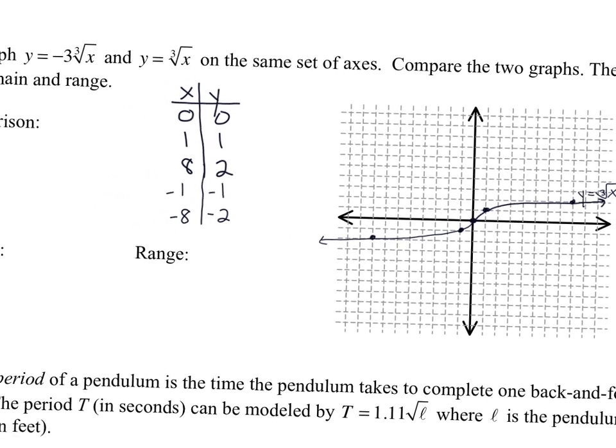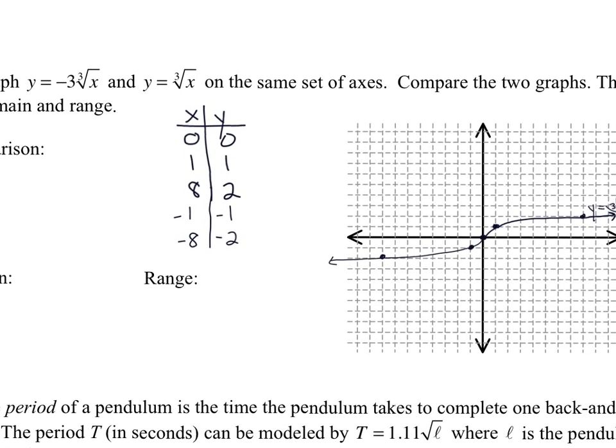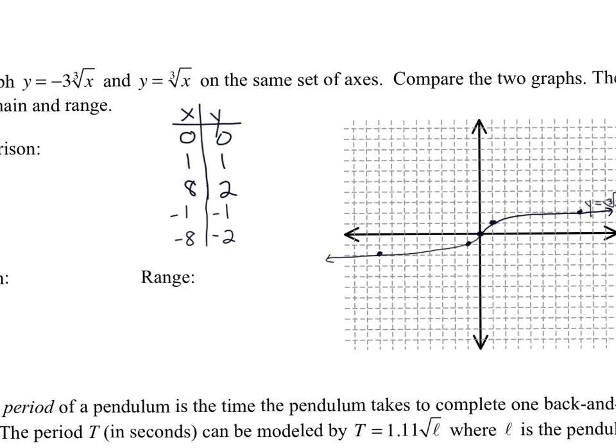And the next one that we have to graph is -3 times the cube root of x. Again, I'm going to choose the same values. Hopefully they will work out for us. So we can choose 0. So the cube root of 0 is 0, so I'm plugging it into this equation over here. And then I'm going to multiply the cube root of 0 times negative 3, which is just 0.